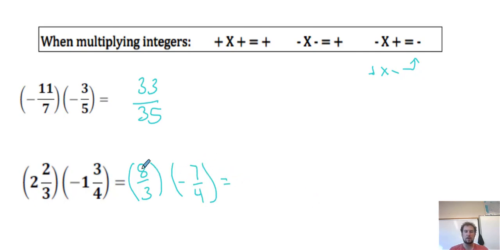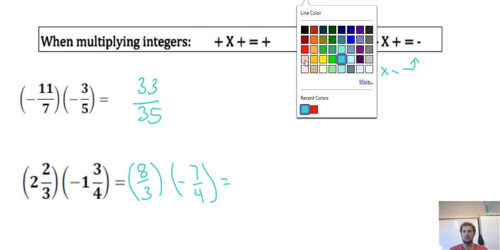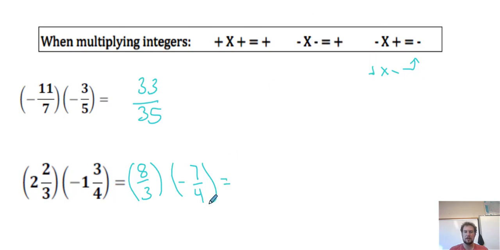So now when I do a multiplication, a positive multiplied by a negative is a negative. So then I just need to multiply across the top and multiply across the bottom. Now again, we can do some simplification before we do that multiplication. 4 and 8 can both be divided by 4. So when I do that, this turns into a 2 and this turns into a 1.